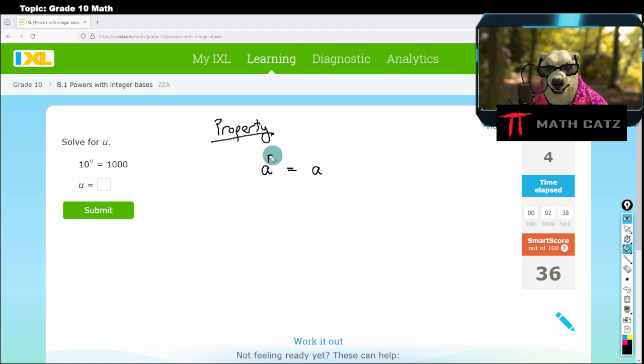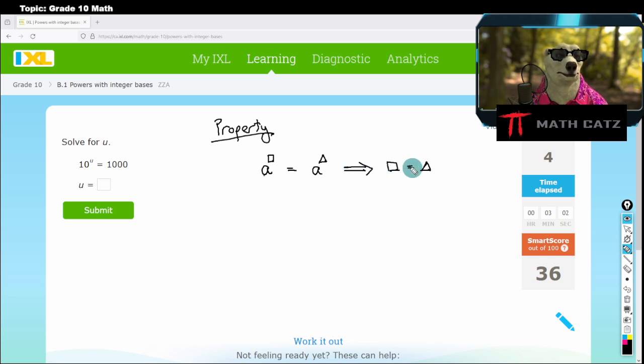Whatever this exponent is, and whatever that exponent is, as long as there's nothing else around, just a single base and the same base on either side of the equation, these two have to be the same.